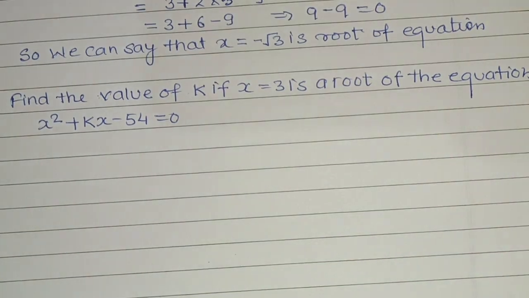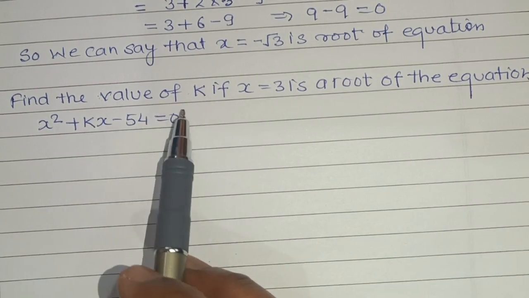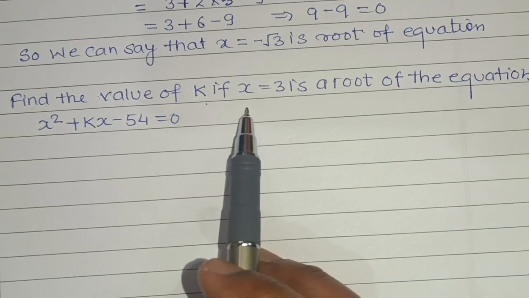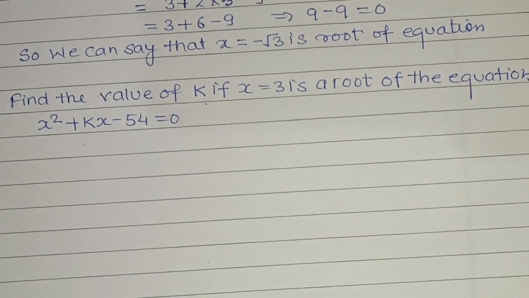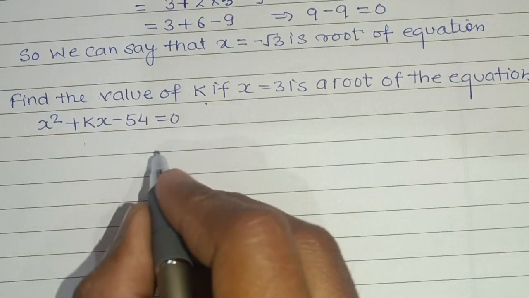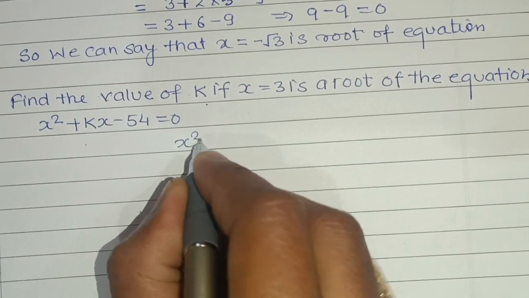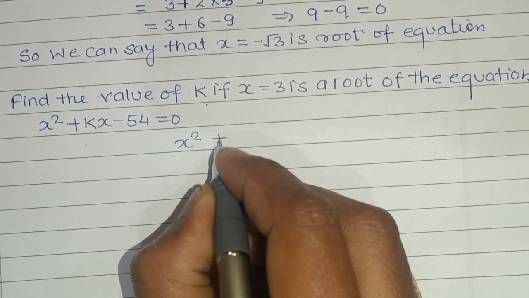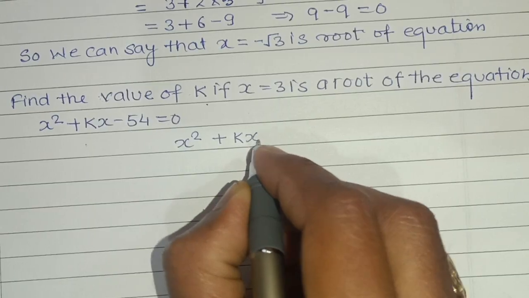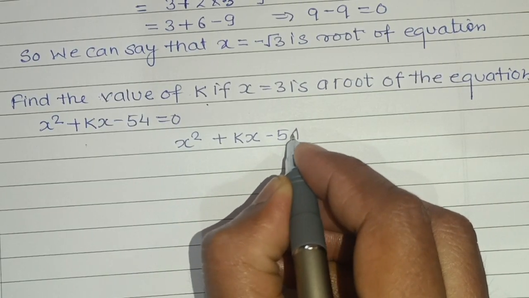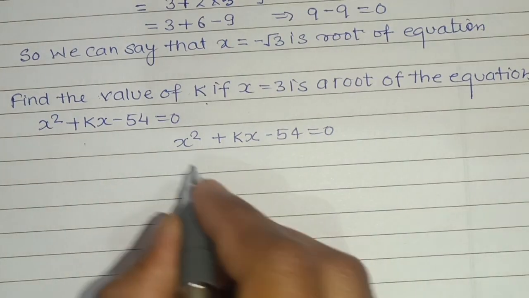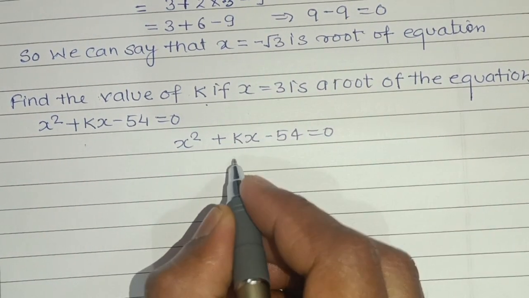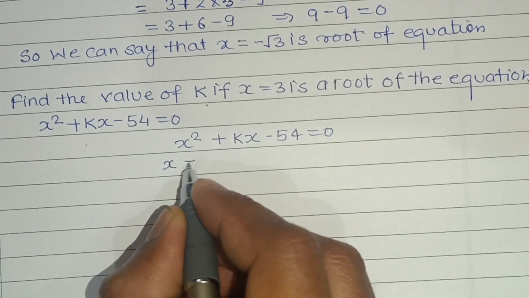Now see the second question. Find the value of k if x is 3 is the root of the equation. So first of all, we will write the equation x square plus kx minus 54 is equal to 0. So putting the value of x in this equation, x is 3.